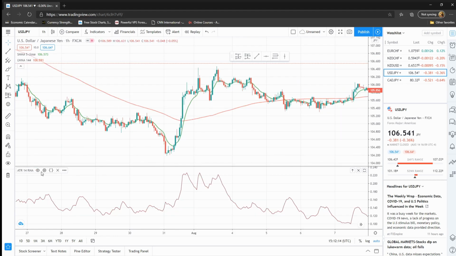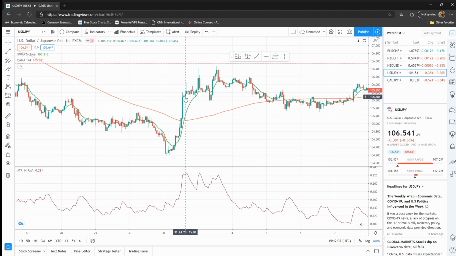Now how are we going to use these indicators? The buy setup and the sell setup are almost the same. You are waiting for the smooth moving average to cross the linear weighted moving average, and we use the average true range to decide how many take profit pips we are going to set.